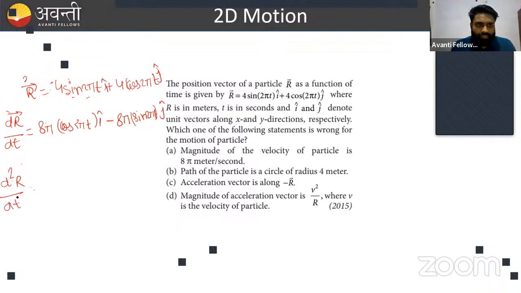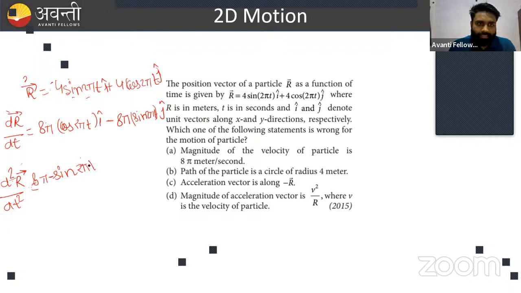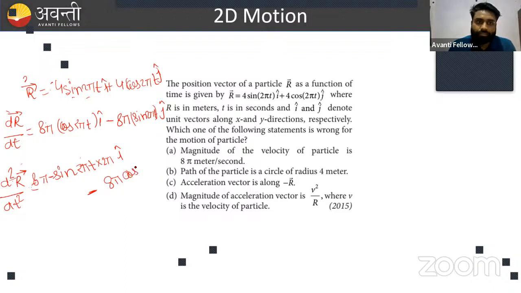d2r by dt square is equal to, again, differentiation of cos will give you minus sine. Okay. So it is minus 8 pi sine 2 pi t, again 2 pi i cap, minus 8 pi, what is the differentiation of sine? The differentiation of sine is cos 2 pi t into 2 pi j cap.